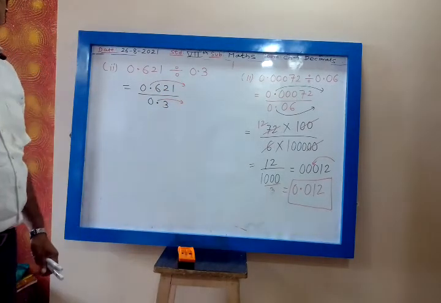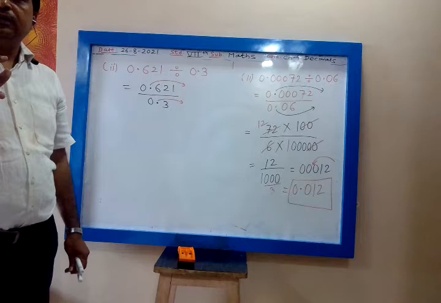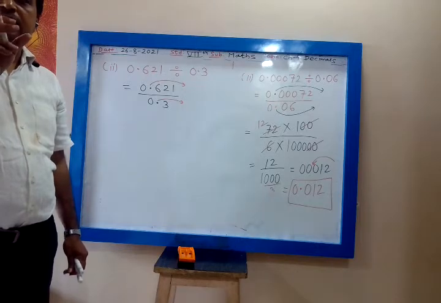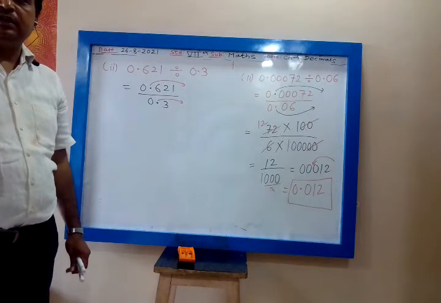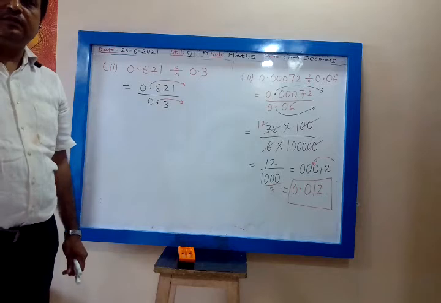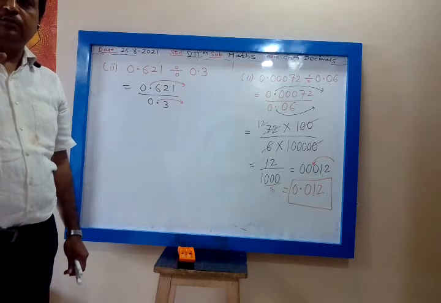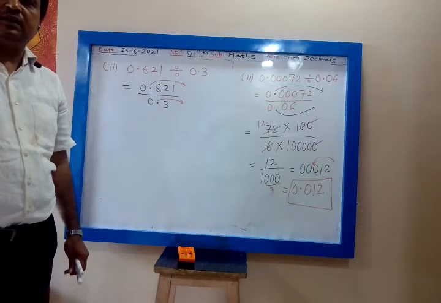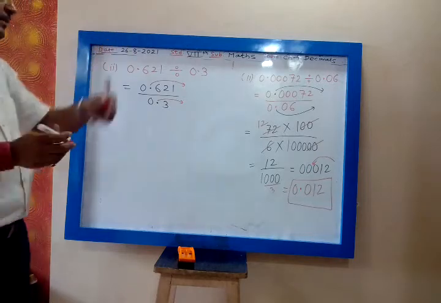Remember, whenever you are removing the decimal of the numerator, however many decimal places you remove, that number of zeros should come in the denominator. When you are removing the decimal of the denominator, that number of zeros should come in the numerator.